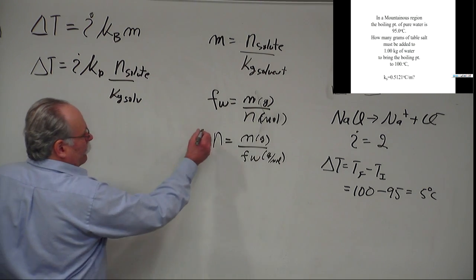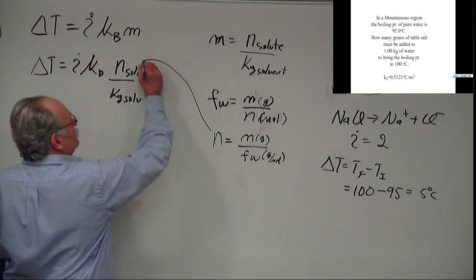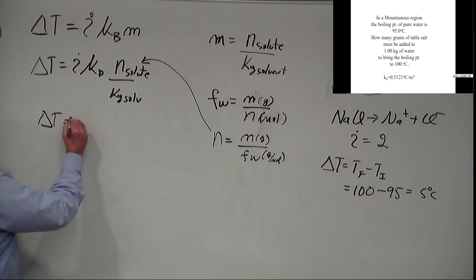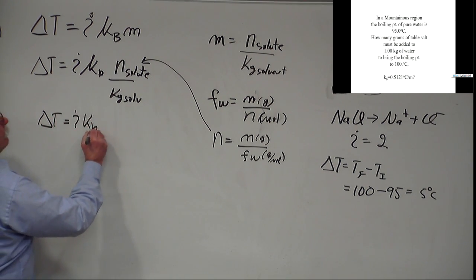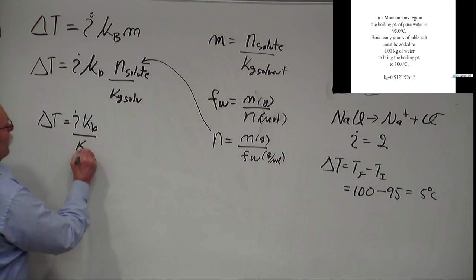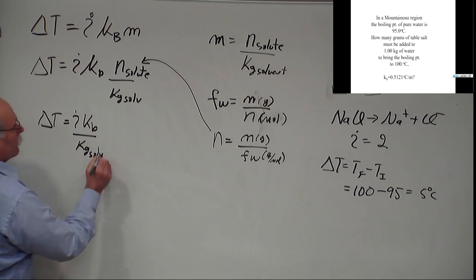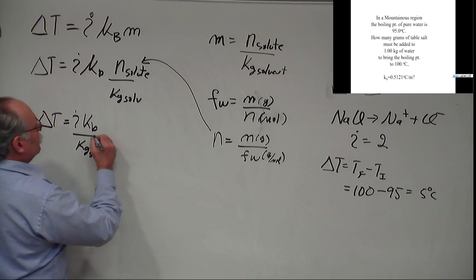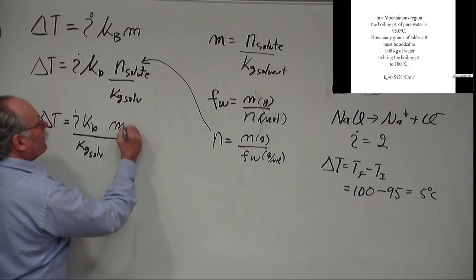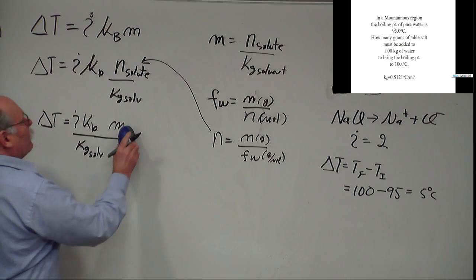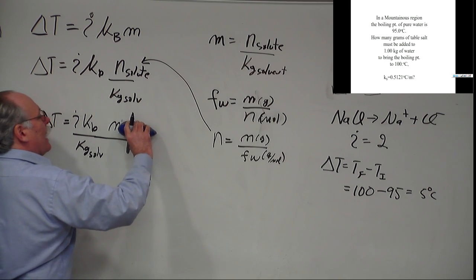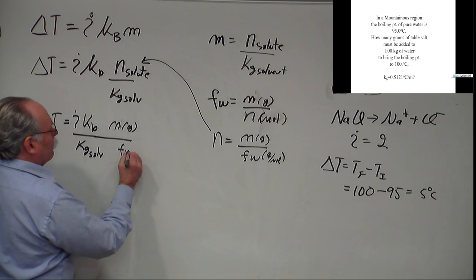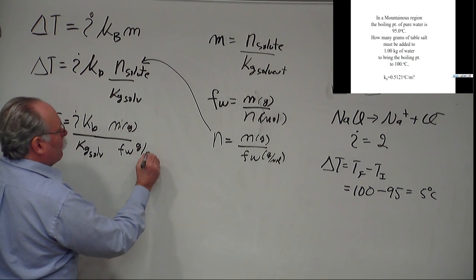Now what I can do is substitute this into here, and I have delta T is equal to i Kb over kilogram solvent, times n, and n is the mass, in the units of grams, per formula weight, grams per mole.